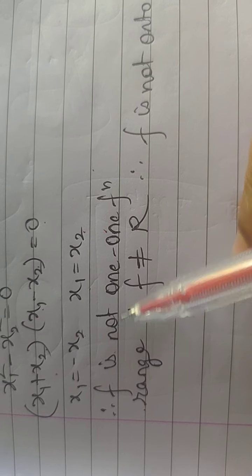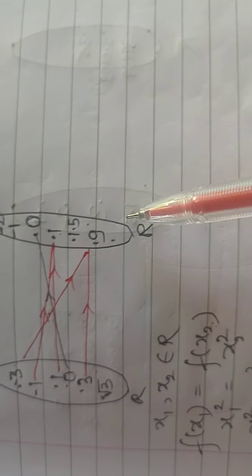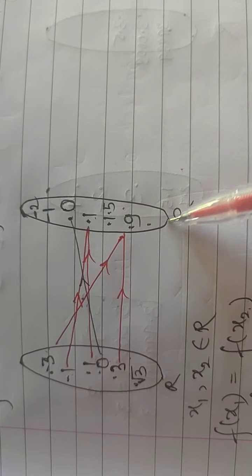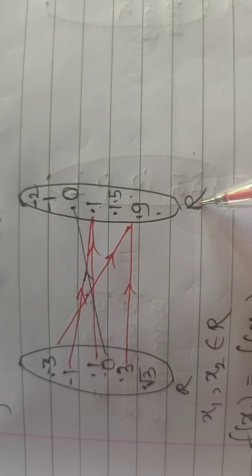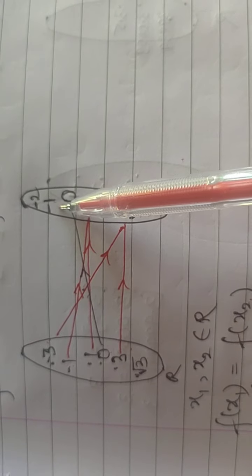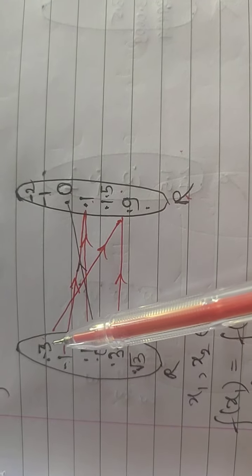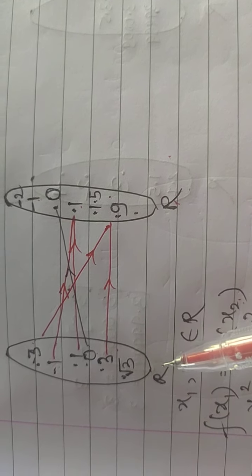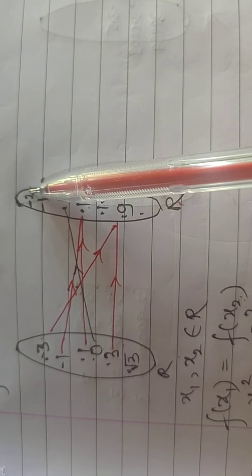We'll check whether it is onto or not. Observe this set R carefully. Since it is the set of real numbers, there will be negative numbers also. All the negative numbers will not have any pre-image in the set R, because the square root of a negative number is not real.